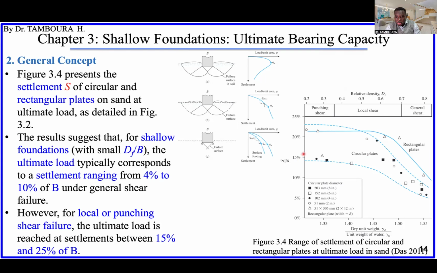So the ultimate capacity corresponds to this settlement 4% to 10%.